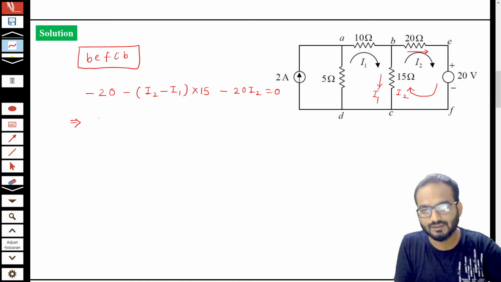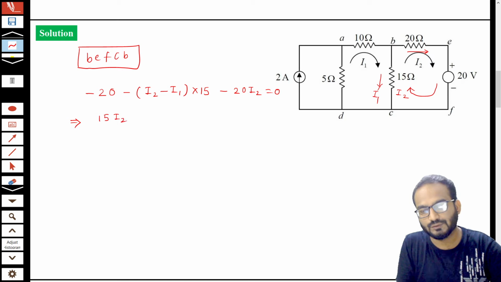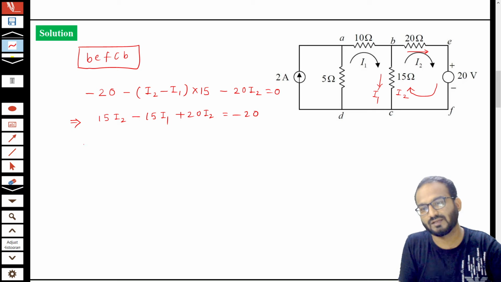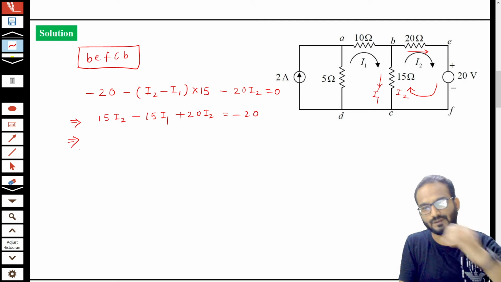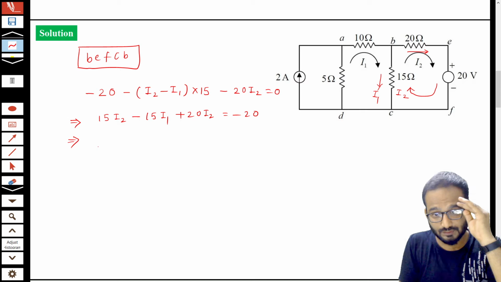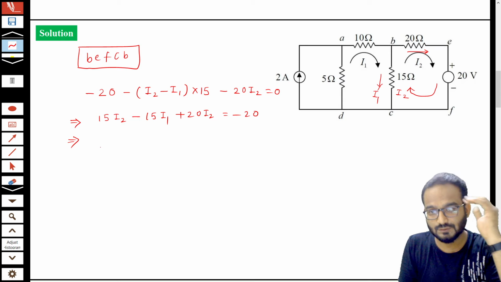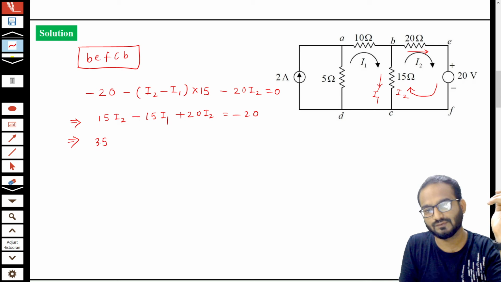So we can write 15 I2 minus 15 I1 plus 20 I2. We have just multiplied with a minus, 15, 15, 20, 20. So 15 I2 plus 20 I2 is 35 I2, minus 15 I1 equals minus 20.